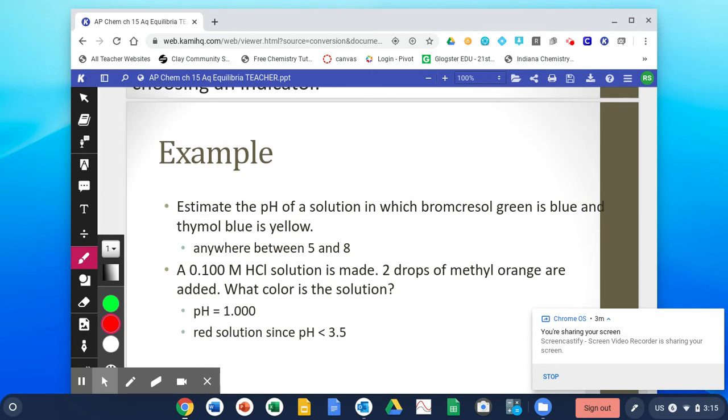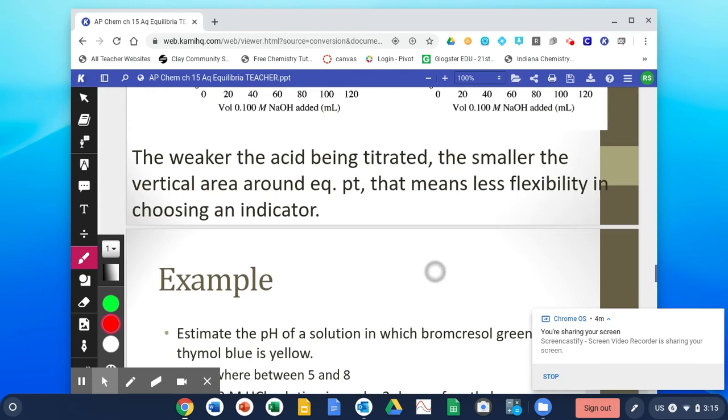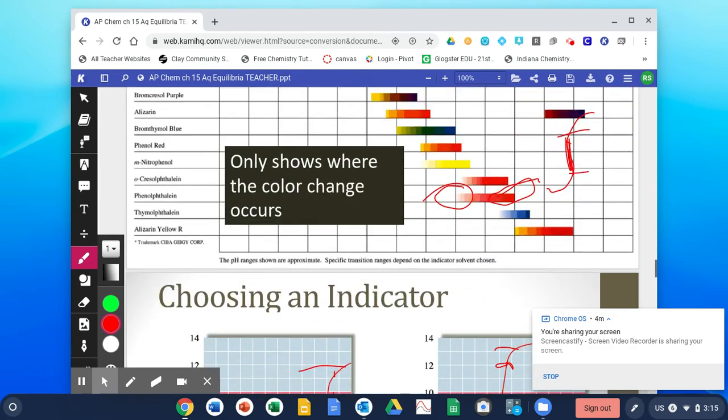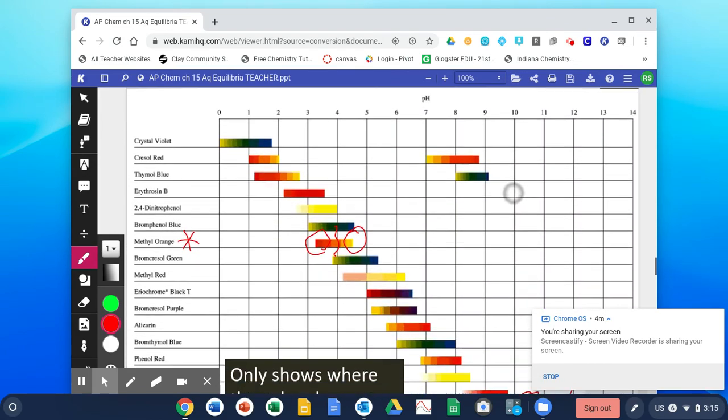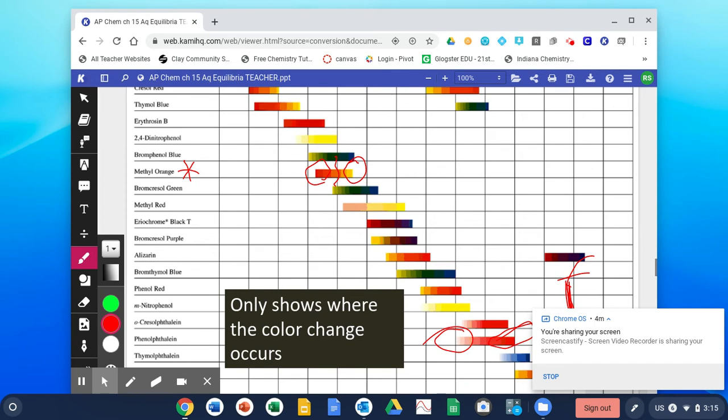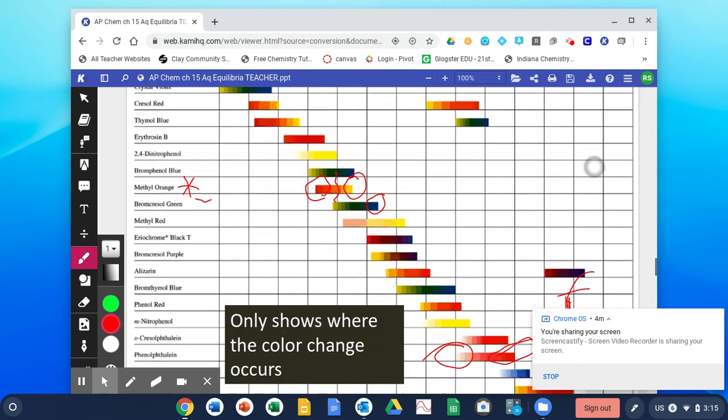So your first question, estimate the pH of a solution in which bromocresol green is blue and thymol blue is yellow. So you're going to go look at bromocresol green on here. So here's bromocresol green, and it said it was blue, so that is a pH above 5.